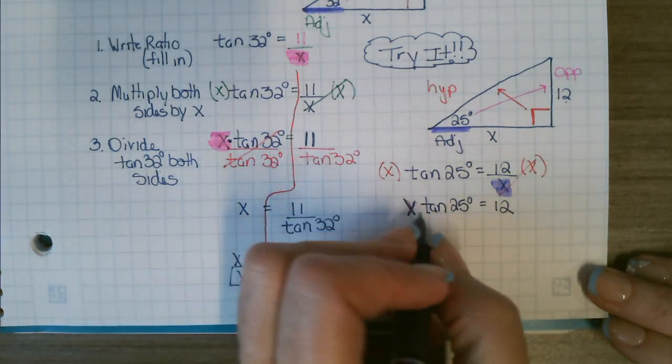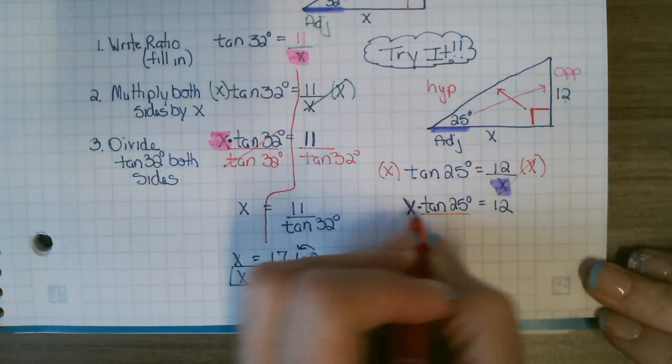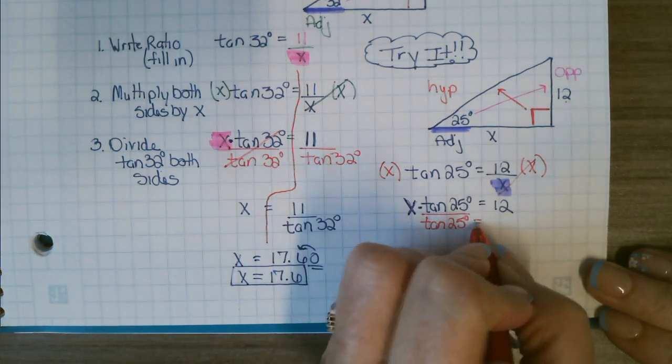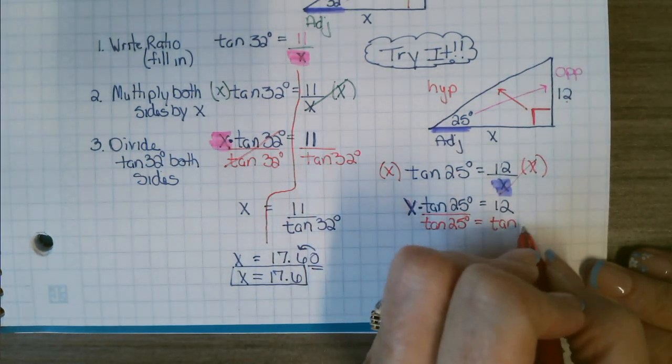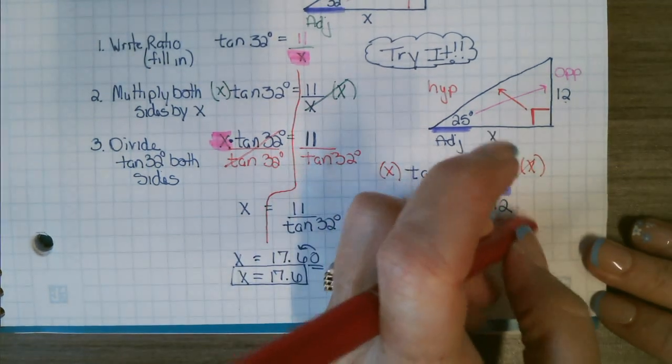Remember, this is multiplying, so then I have to divide by tan 25 on both sides.